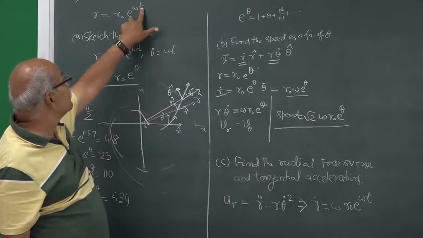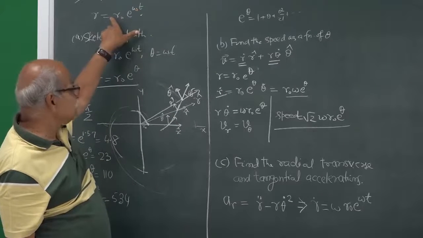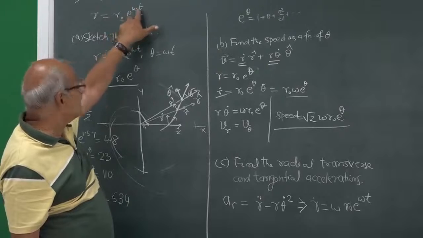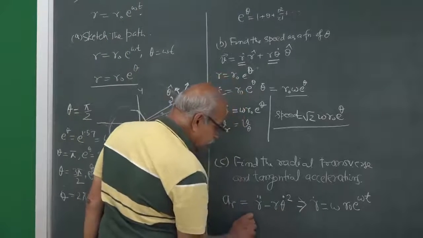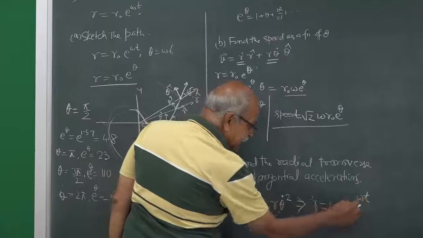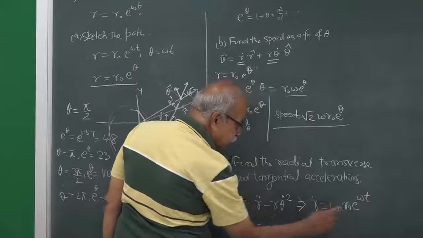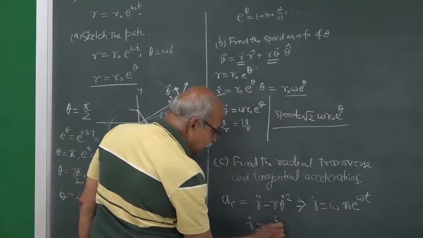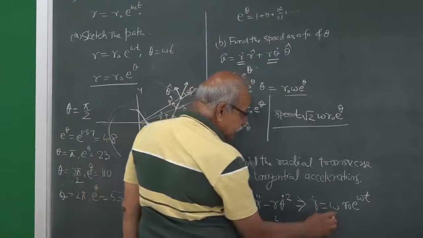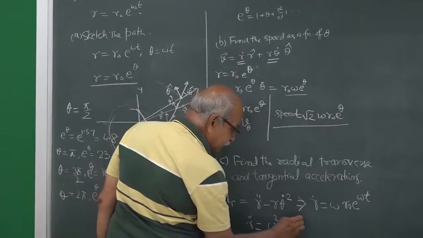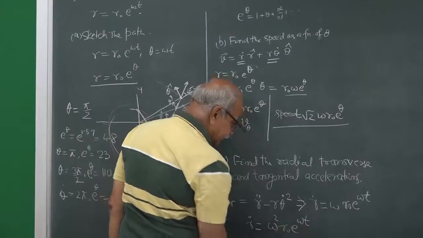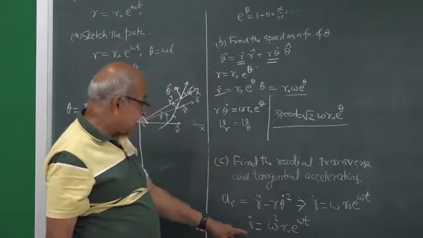So with respect to time you differentiate, this omega comes here. So, omega r naught e to the power omega t, that is r dot, and therefore r double dot is, once again differentiating with respect to time, omega square into r naught and then e power omega t. That is r double dot.